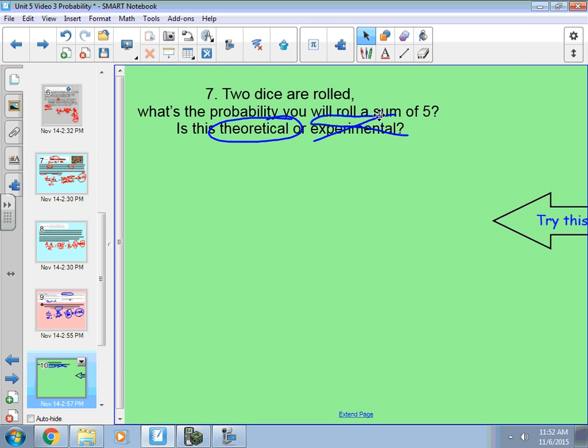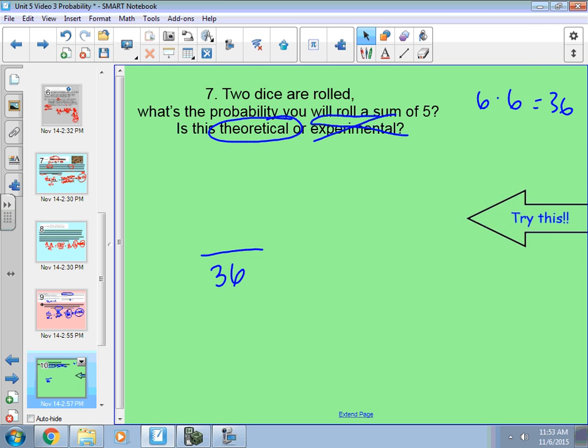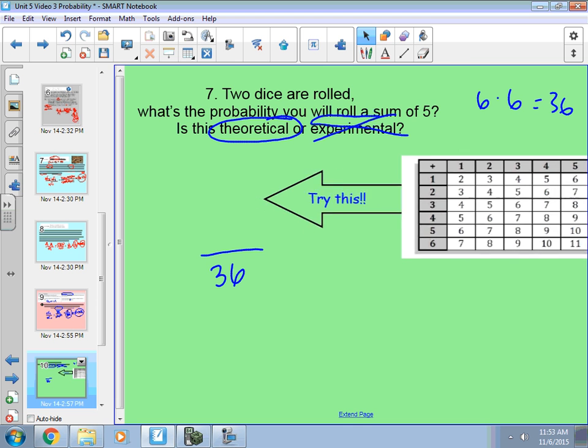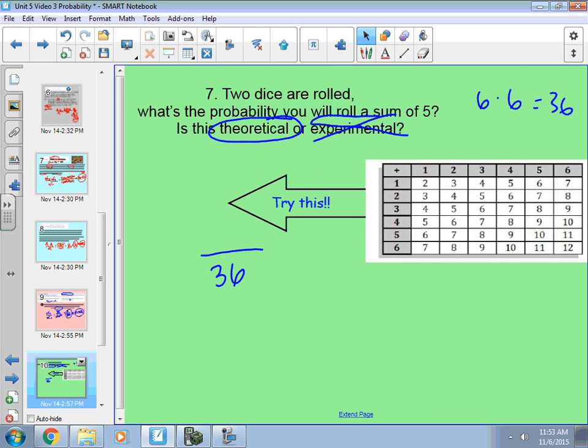Okay, what would this probability be? Well, if you're rolling 2 dice, you've got 6 possible outcomes on one die. You've got 6 possible outcomes on another die. So there's going to be 36 total possibilities. So on the bottom, we've got 36 different outcomes that could happen. How many have a sum of 5? Well, this one you might want to organize somehow. If we draw out all the different possibilities here, here are those 36 different things that could happen.